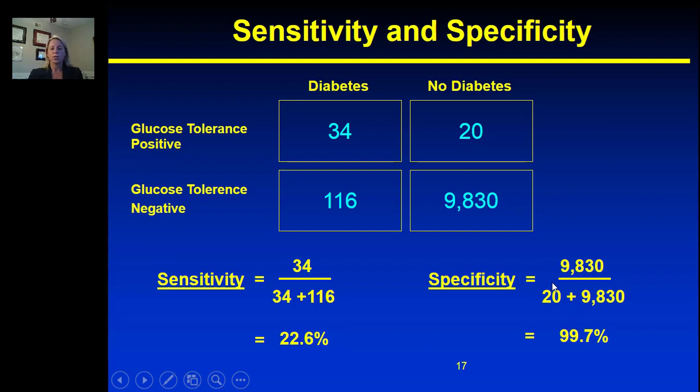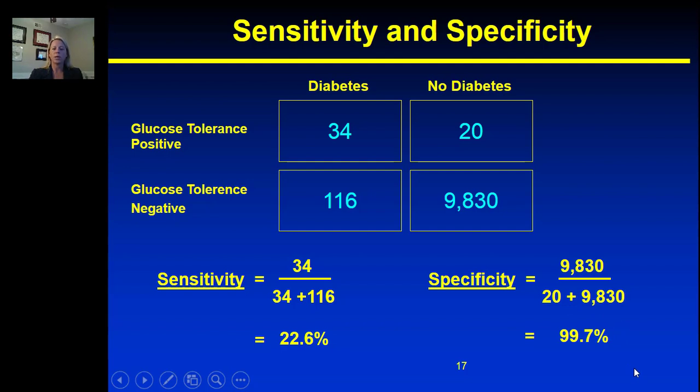In contrast, the specificity comprises all those who do not have disease but who test negative, which in this case was 9,830 persons, divided by the 9,850, and we get a very high specificity of 99.7%.